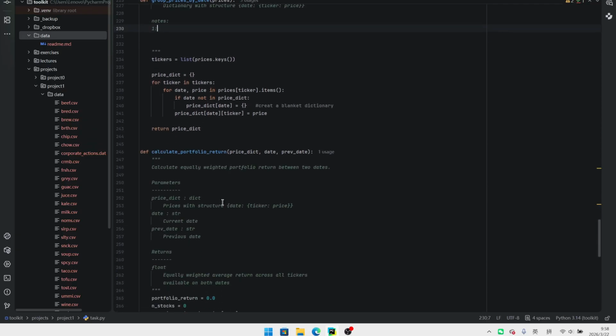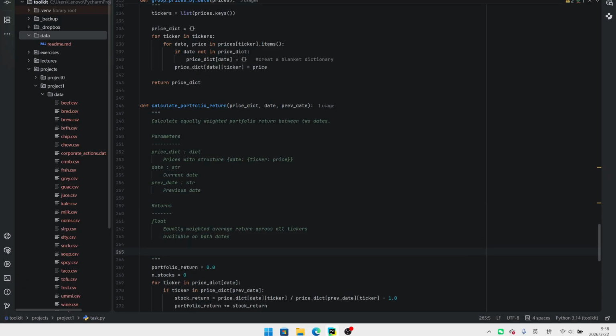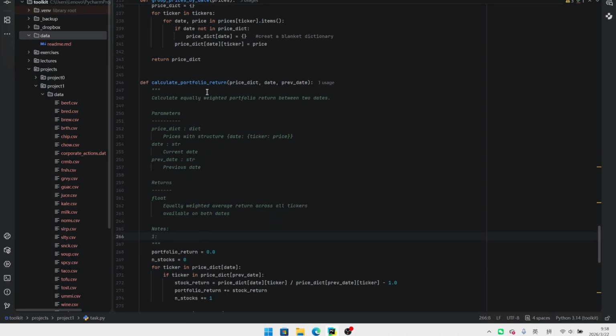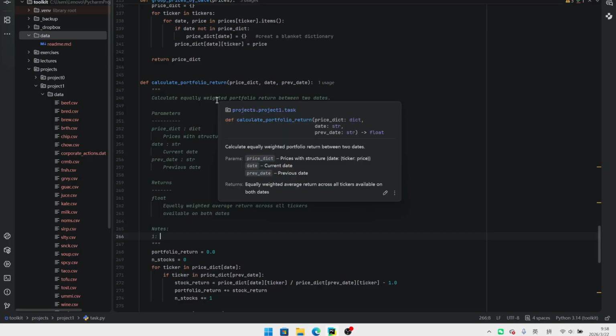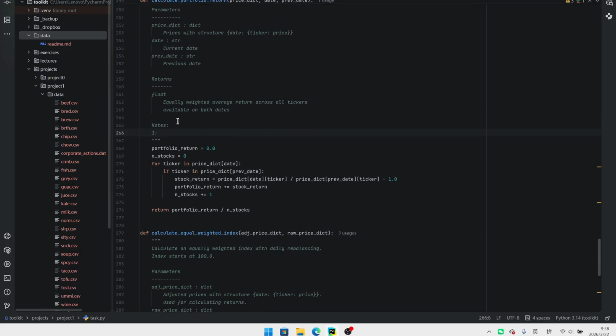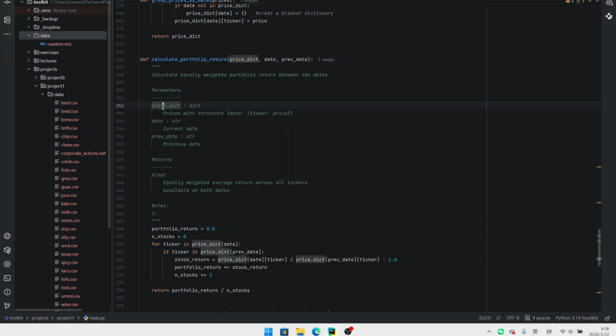Next one is calculate return. Let me write notes. So it's about calculating the equally weighted portfolio return between two dates. The input is a dictionary with date and per-date values.